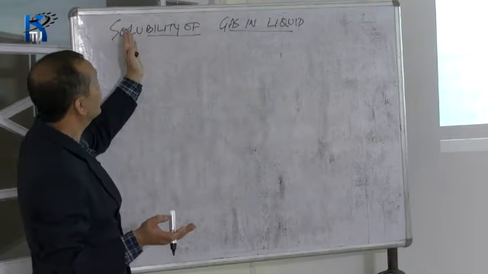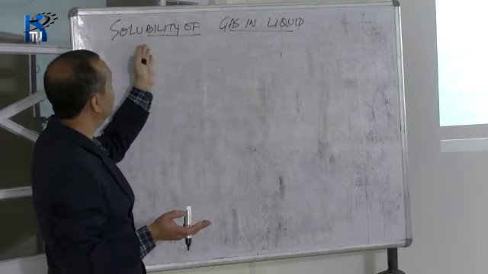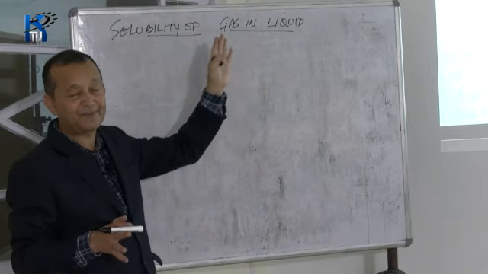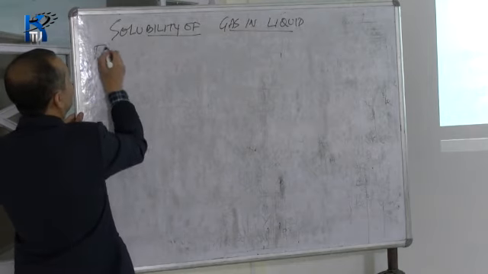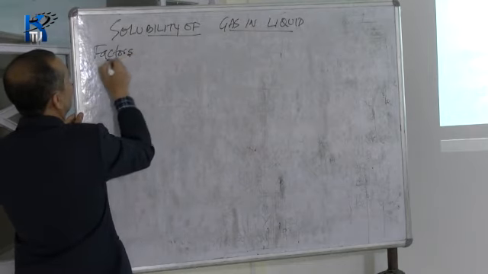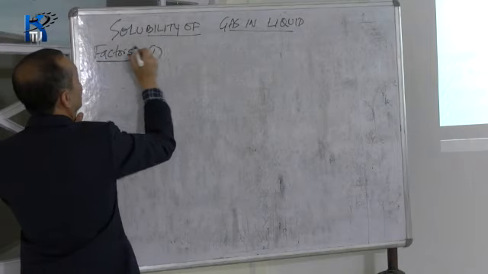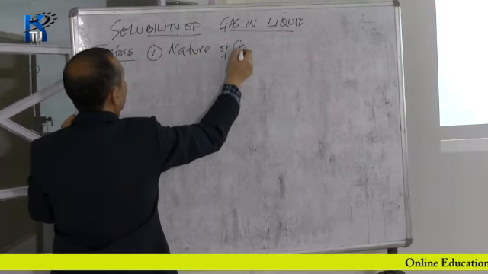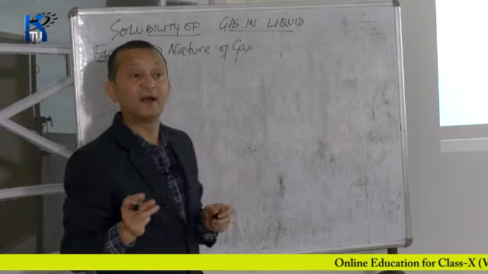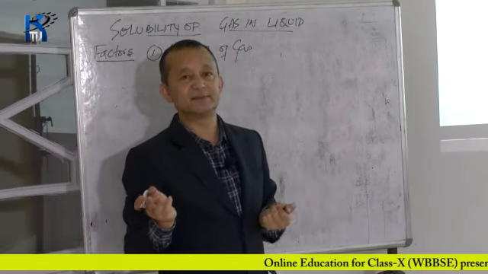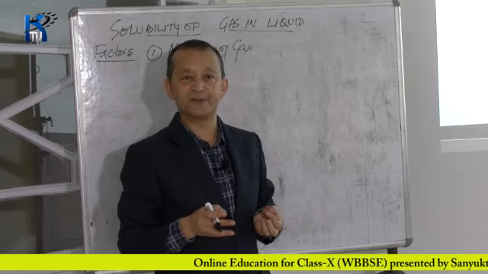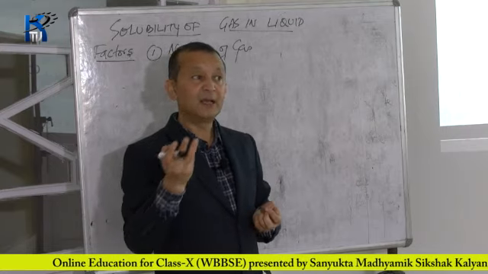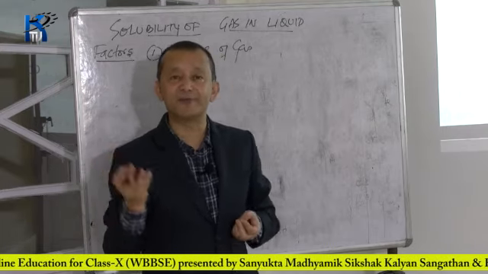In this section we will be finding out the different aspects of the solubility of gas in a liquid. So what are the factors responsible? Number one, nature of gas. All of you know that ammonia is highly soluble in water, but the oxygen that we breathe is sparingly soluble in water.